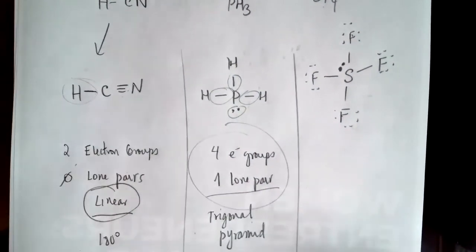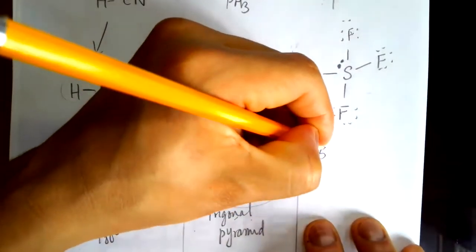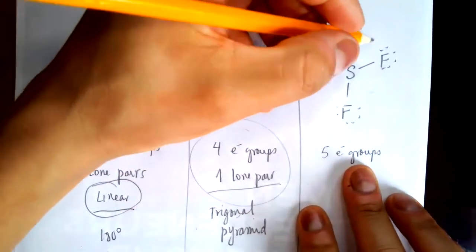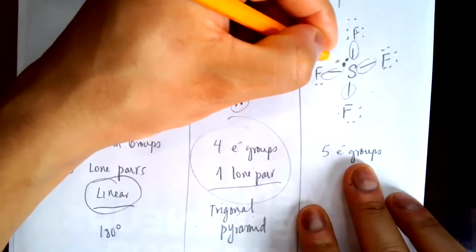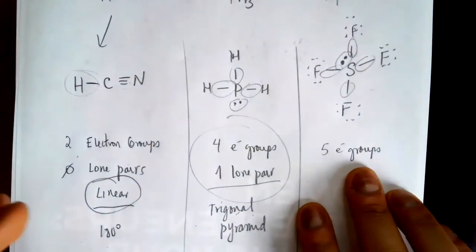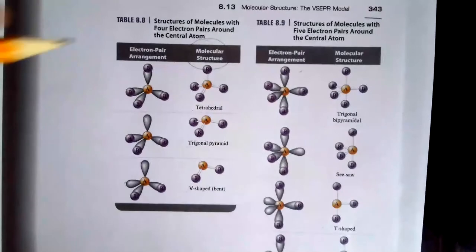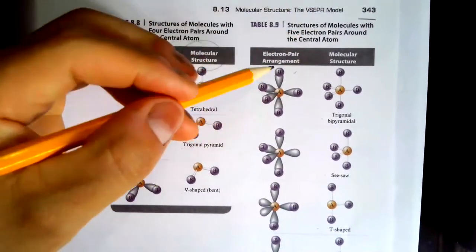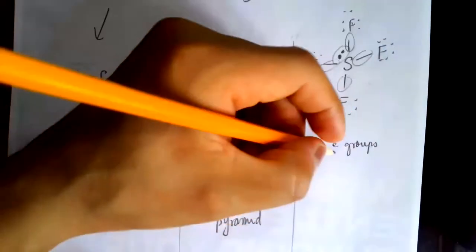Okay. So in this case, I have 5 electron groups. 1, 2, 3, 4, and 5. Right? 5 groups. So here in my table 8.9, 5 groups of electron pairs, and then here I have 1 lone pair.